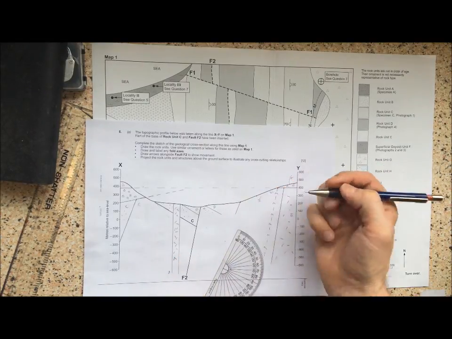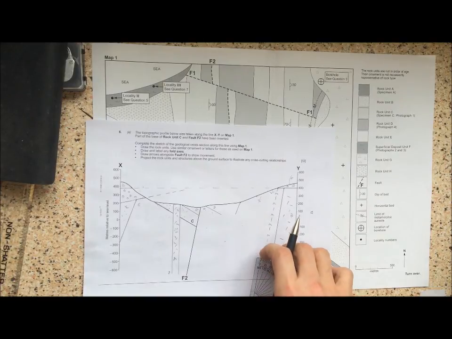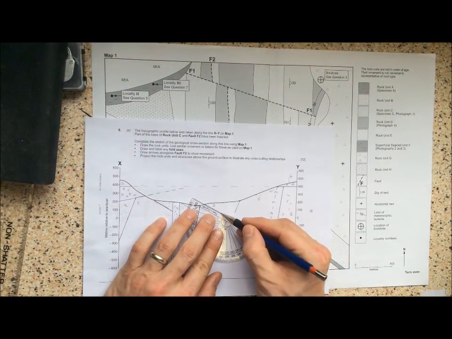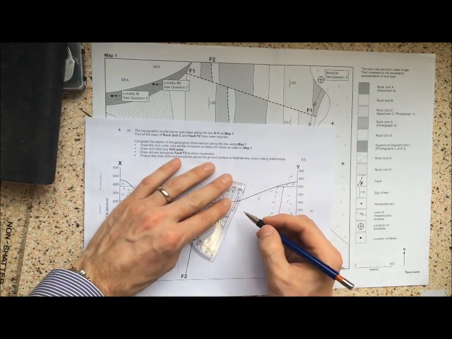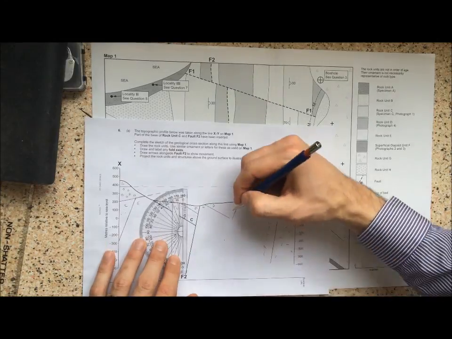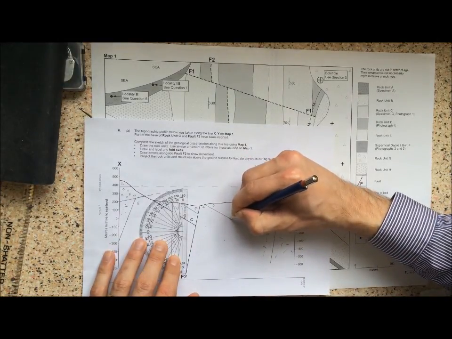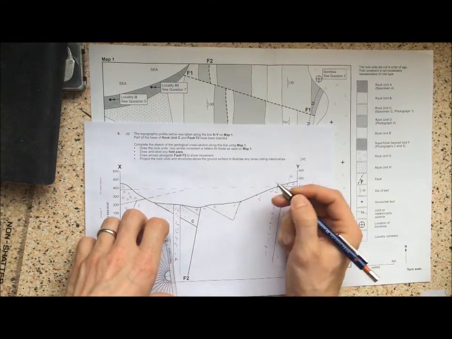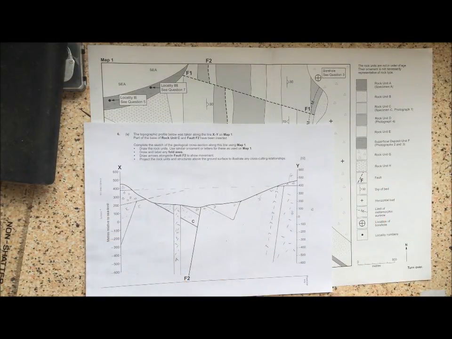And now you can start to see the reason for not extending the lines too far before you realise what's going on. Okay, and that's obviously D on that side as well. That whole bed is the D bed.